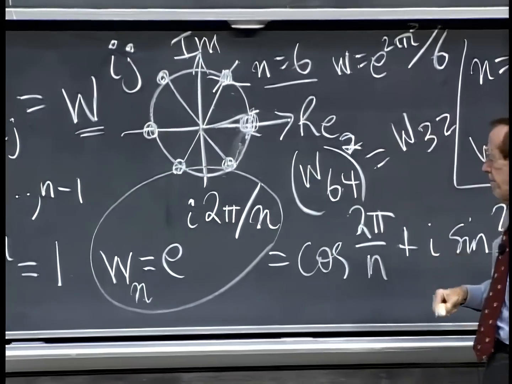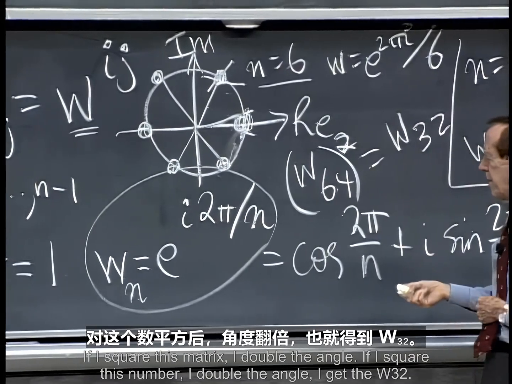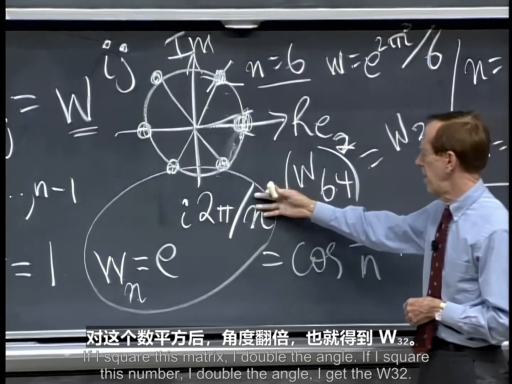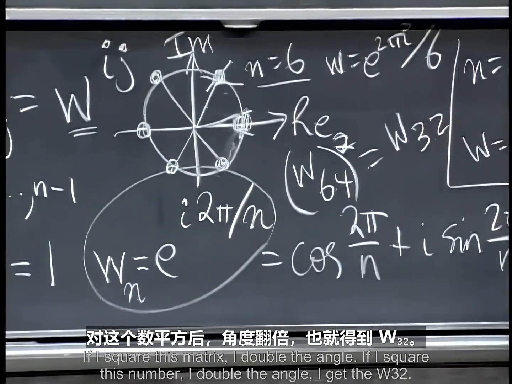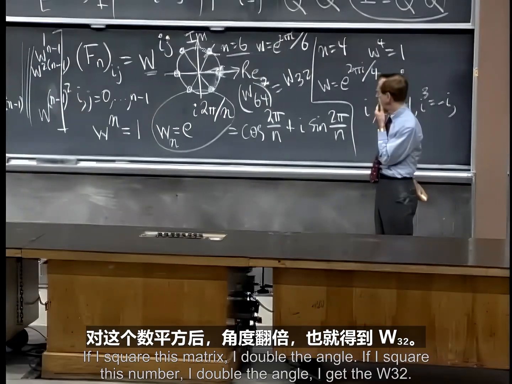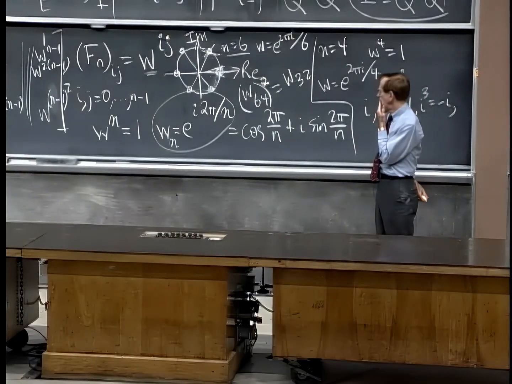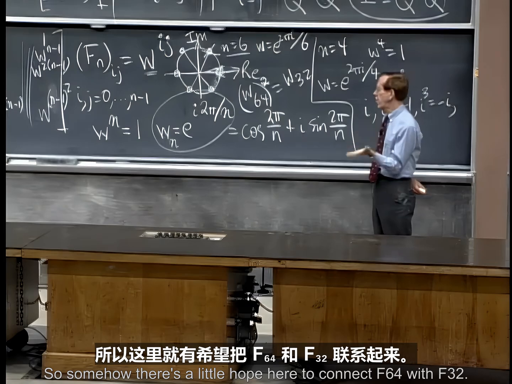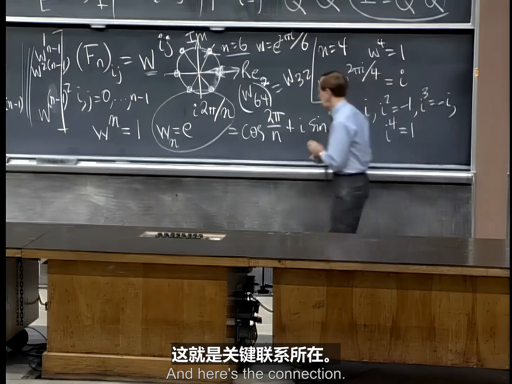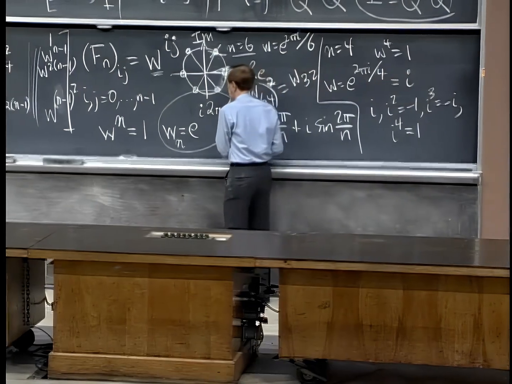Right? If I square this number, I double the angle. So somehow there's a little hope here to connect F64 with F32. And here's the connection.